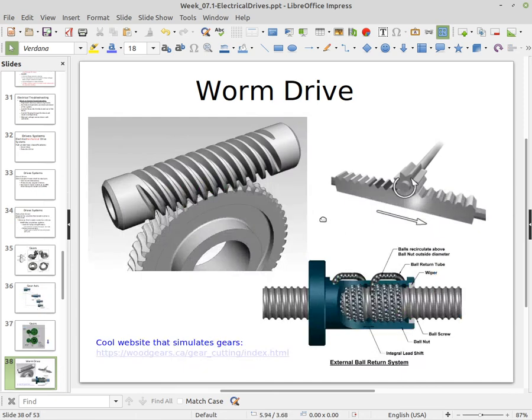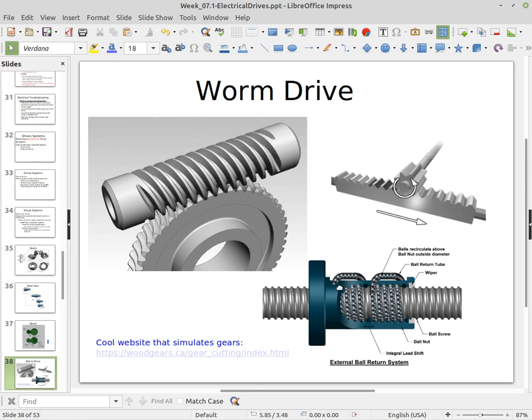All right, here are some images of some worm gears. These worm gears allow us to drive with the shaft at the top and to get the motion.